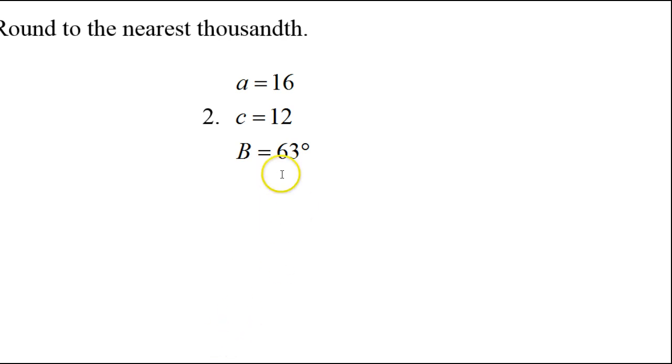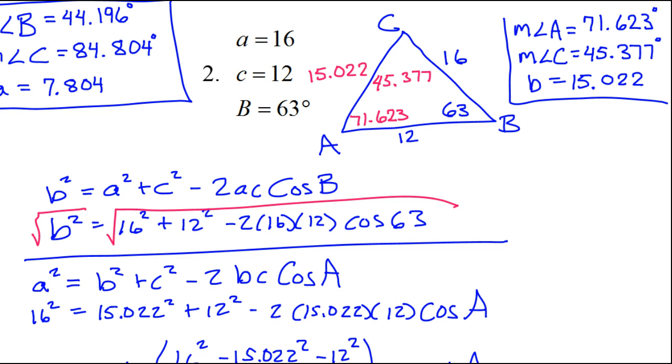Now we did this in a previous video, and the results of that work are right here. So if you need to go back and watch the video for problem number 2 to see what we did, then be my guest. But the bottom line is we found side B, which is the missing side, 15.022. So at this point we have all three sides, so we should be able to use the formula.